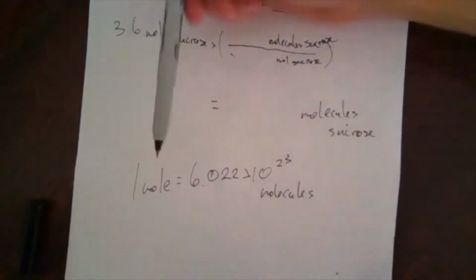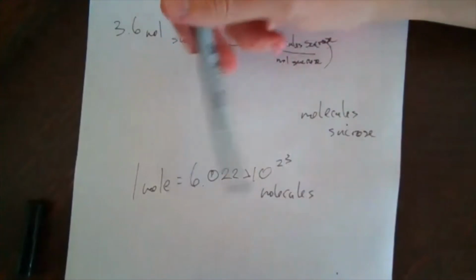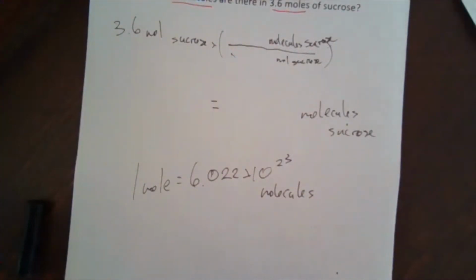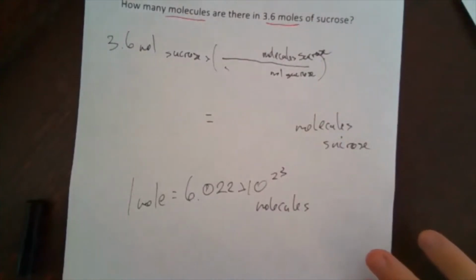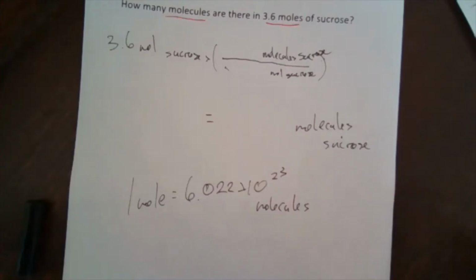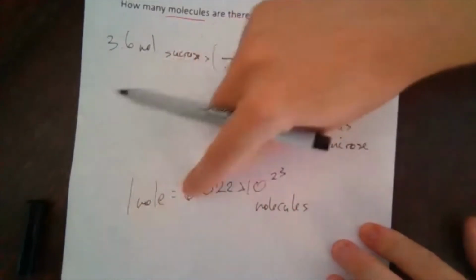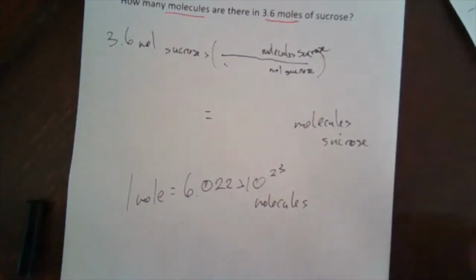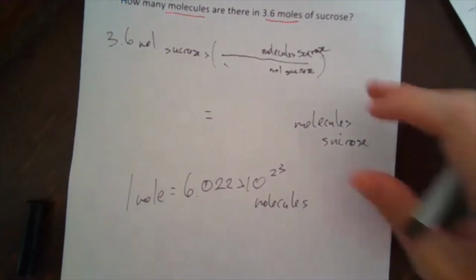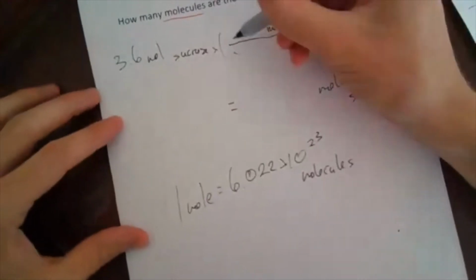One thing you'll note is that mole and molecules, we haven't specified sucrose. It does not matter that I'm looking at sucrose, just like it doesn't matter what you're counting. It's 12 of it. Donuts, cars, planets, gnomes, whatever it is, they're always going to be 12. So 1 mole is always 6.022 times 10 to the 23rd molecules. That is Avogadro's number.